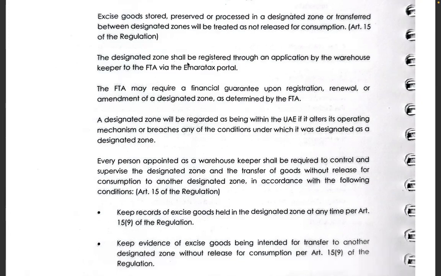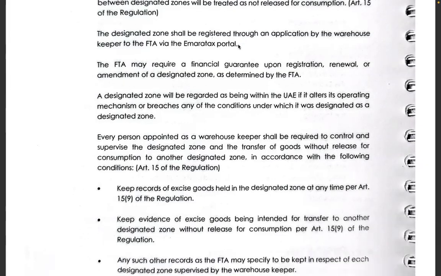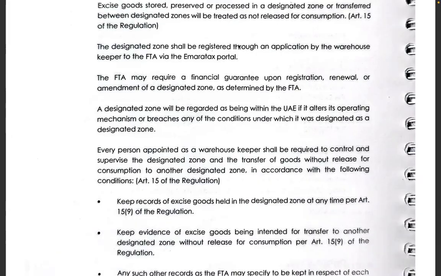The designated zone shall be registered through an application by the warehouse keeper to the FTA via the Imara tax portal. Very few designated zones in UAE, around 24 until now. So they must have been registered through the Imara tax portal.